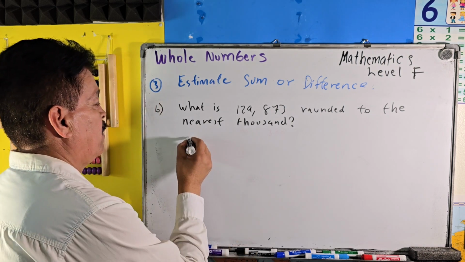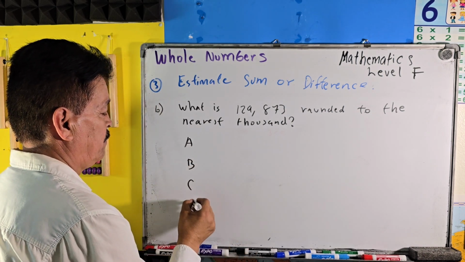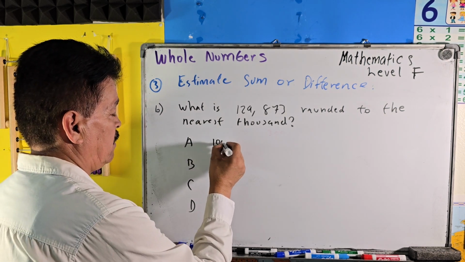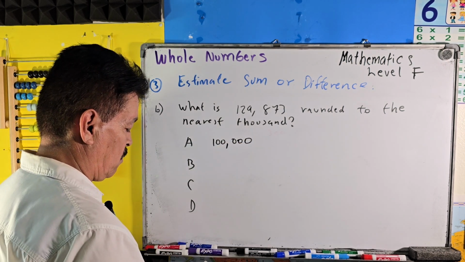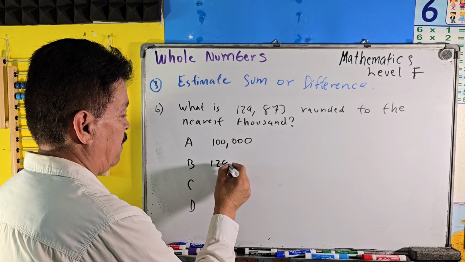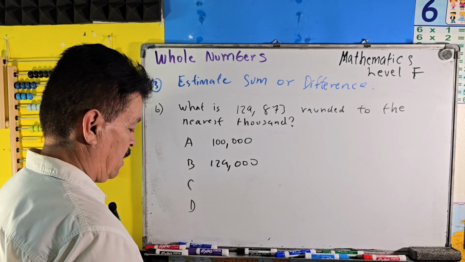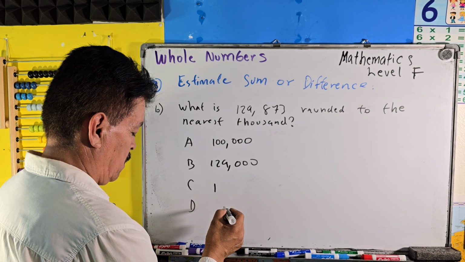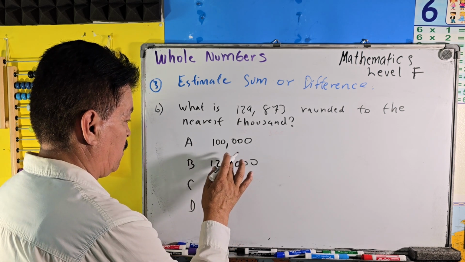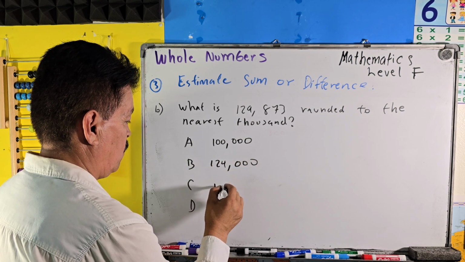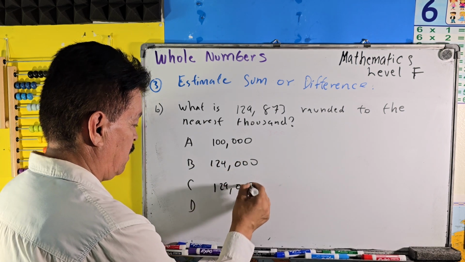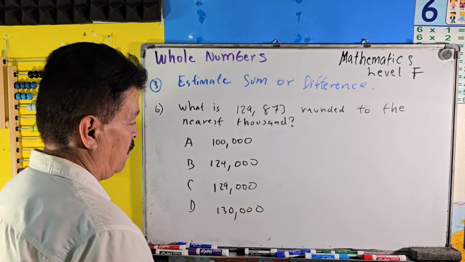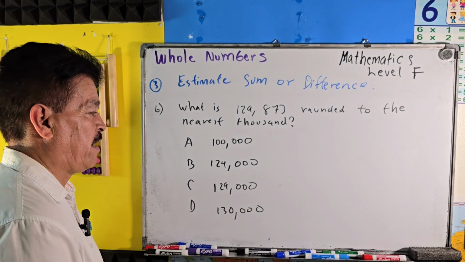And then we will have 4 possible answers. The first one is 100,000. The second one, 129,100. And then 129,000 and then 130,000. One of these will be the right answer.